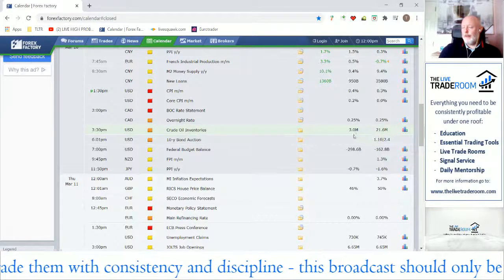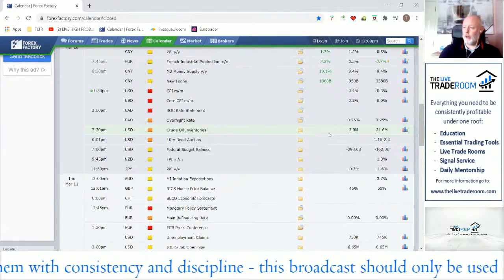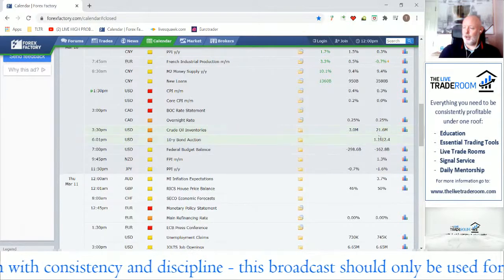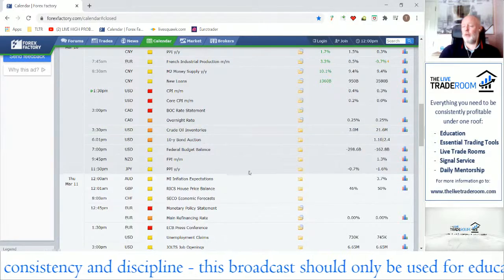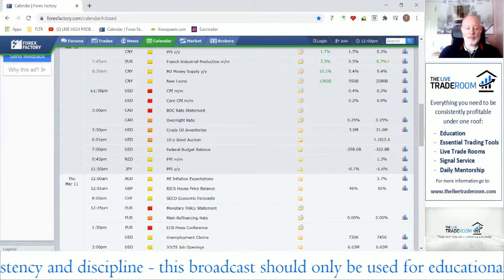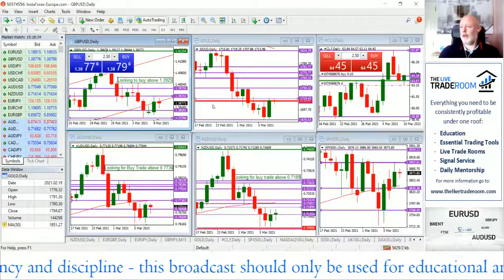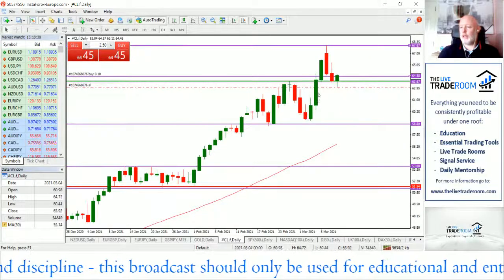A negative figure would imply support for crude oil prices. With a massive positive figure like 21.6, you could expect crude oil prices to actually tick lower, and we saw the opposite. We saw quite an explosive move higher since last week.